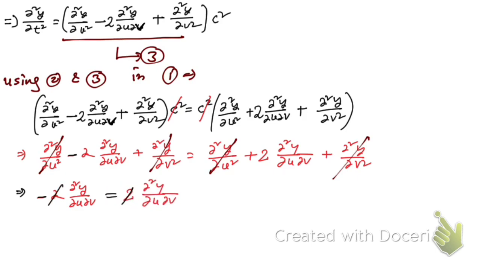Now 2 cancels. Now if you transfer this one to the other side, then del 2y by del u del v plus del 2y by del u del v is equal to 0, and adding these two, we're going to get here 2, and dividing both sides by 2, it's going to be equal to 0, right?